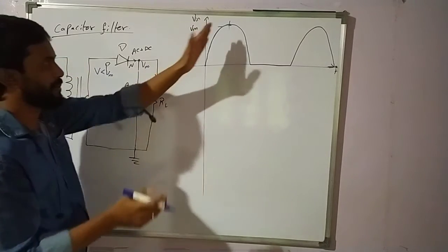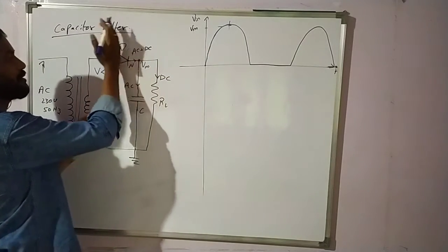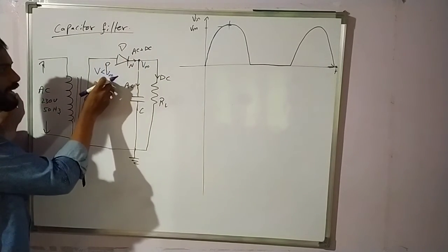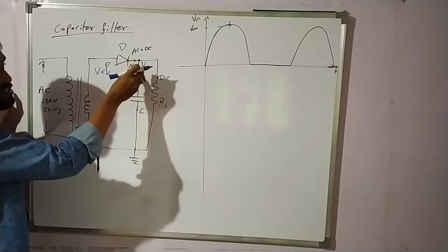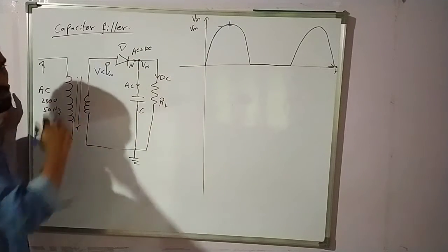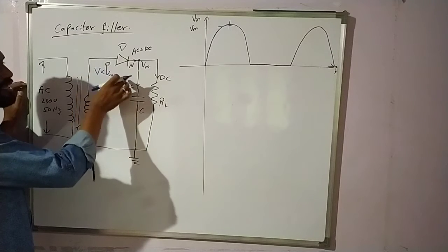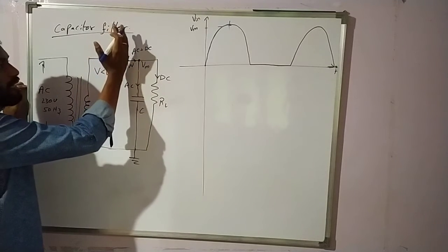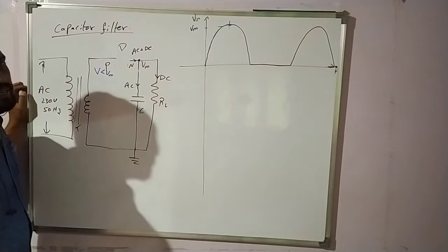The moment this happens, the diode will become reverse biased. Why? The potential at P is less when compared with the potential at N. The potential at N is Vm, the peak voltage stored in the capacitor. This is greater than the P type. So ideally it becomes open circuited. So up to Vm, it gets charged.